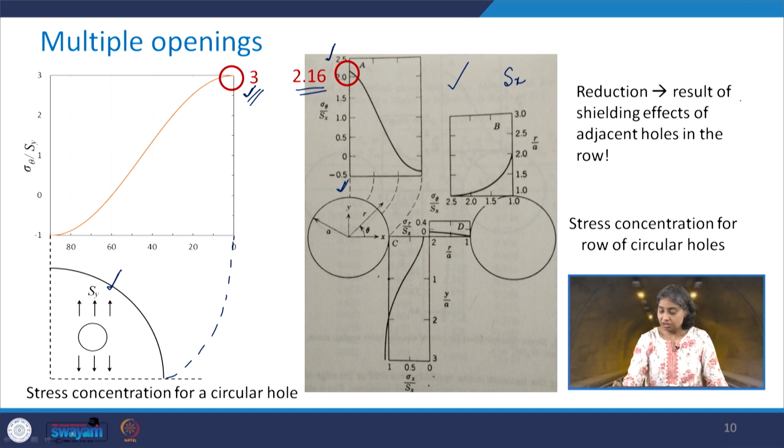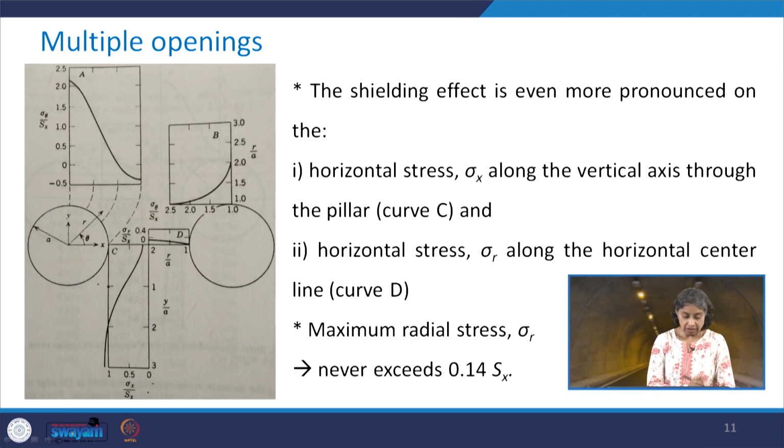So this reduction is the result of the shielding effect of the adjacent holes in the row. Now this shielding effect is even more pronounced on the horizontal stress sigma x along the vertical axis through the pillar, which is this curve, and the horizontal stress sigma r along the horizontal center line, which is this D. So focus on these two.